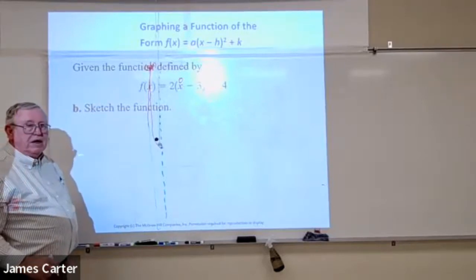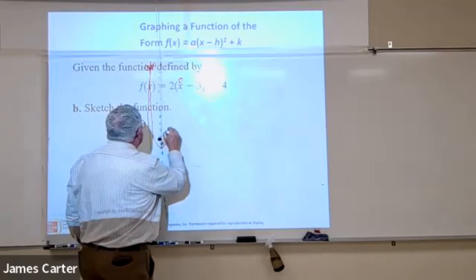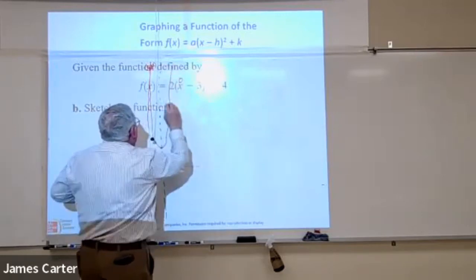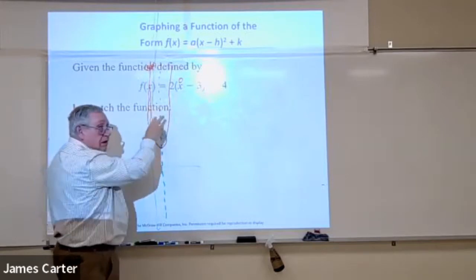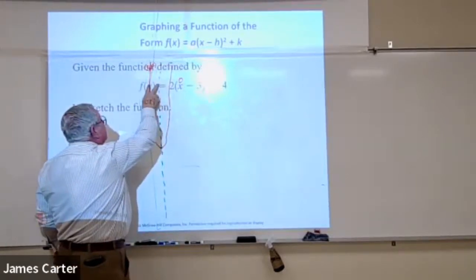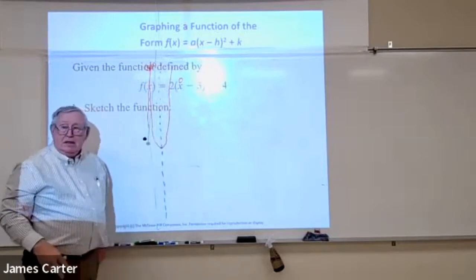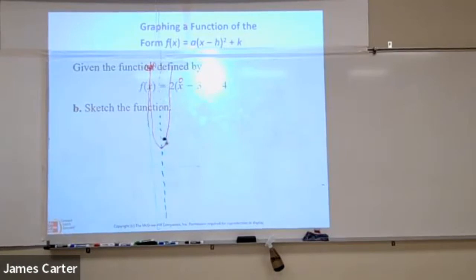Pretty steep, right? Well, this side's got to go the same amount of steep because it's got to be the same distance from here to here as it is here to here. It's got to be the same distance here to here as it is here to here. Okay?